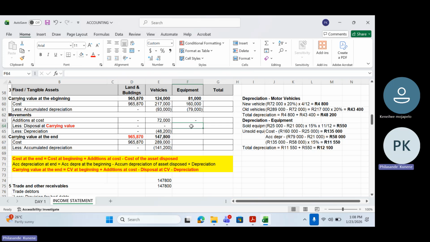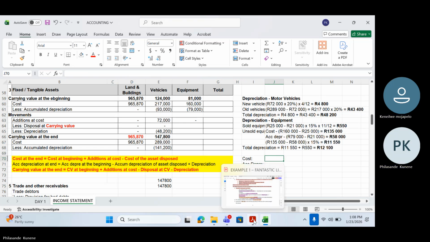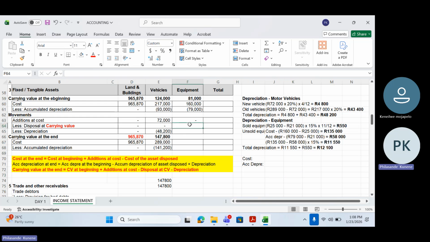So now we need to know how much was the cost and how much was the accumulated depreciation for the equipment that was disposed. When it says less disposal at carrying value, I don't need the cost of the asset disposed. I don't need the accumulated depreciation of the asset disposed. I need the carrying value of the asset disposed. You get what I'm trying to say, né?